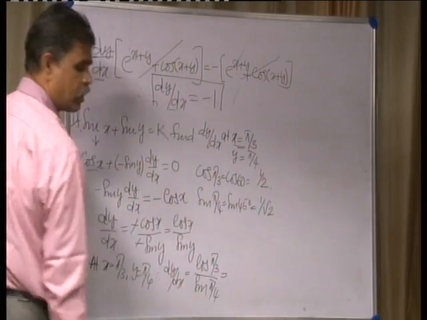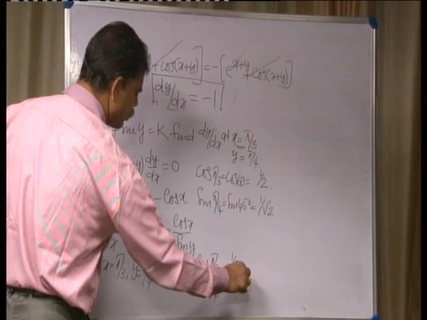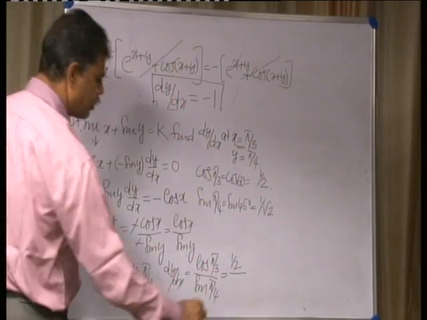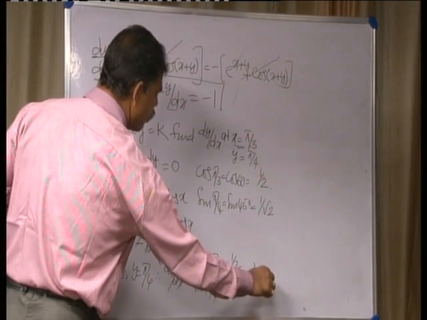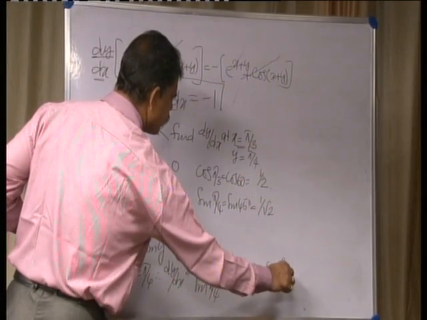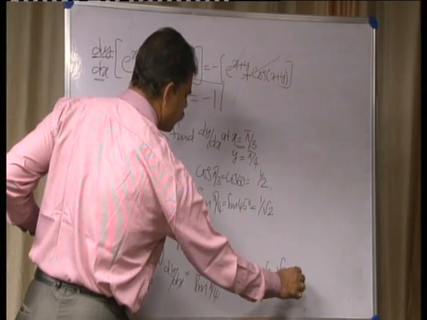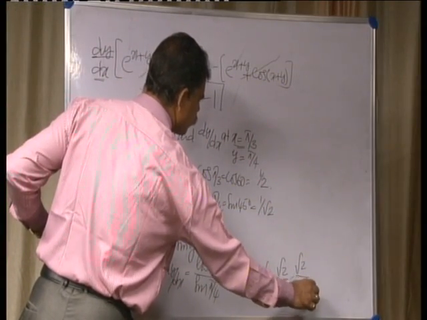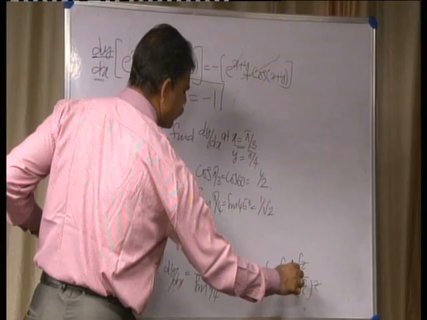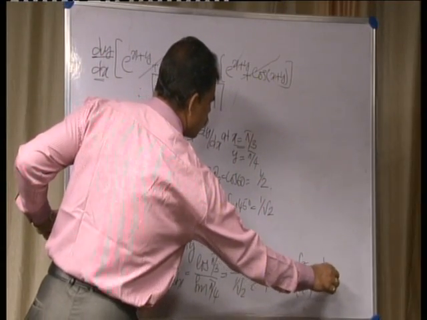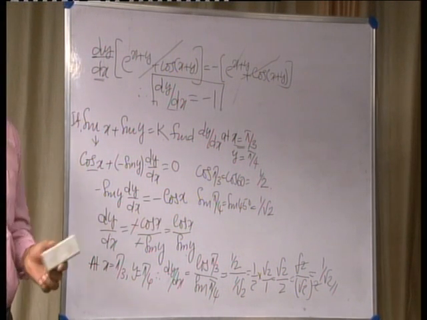If you substitute here, you will get cos 60 is 1 by 2 divided by sin 45, it is 1 by root 2, or it will become 1 by 2 into root 2 divided by 1, or root 2 divided by 2. In other words, you can write 2 as root 2 square, because root 2 square is also 2, root cancels. Finally, the answer is 1 divided by root 2.